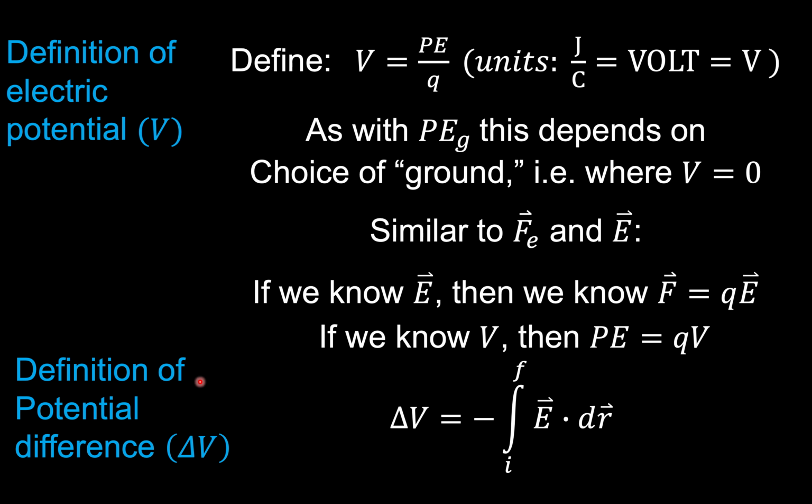Now, I would also like to define the delta V, the change in electric potential. We're going to call that potential difference, delta V. And if you look up just a little bit in your notes, it was the last thing I had on the slide previous to this one. Instead of having that PE final over Q minus PE initial over Q, we're going to write that as delta V, since we've now defined the electric potential.